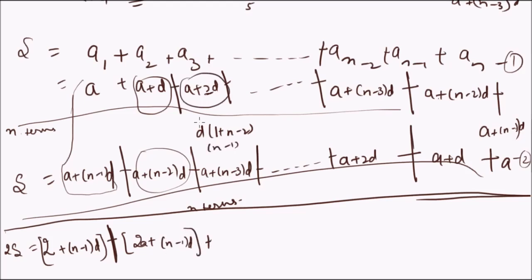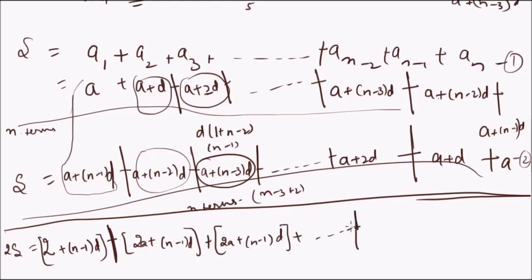In these terms, we have again 2A plus D as common, and N minus 3 plus 2, which is N minus 1 again.